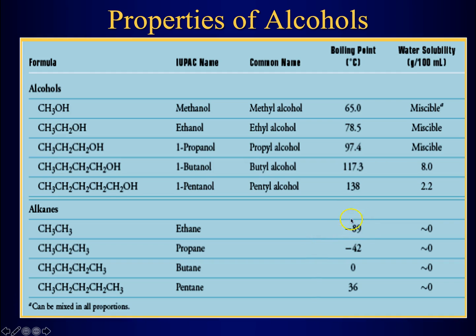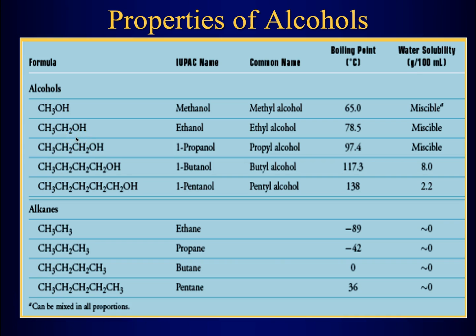So ethane is pretty much always a gas at the temperatures we have on Earth. And ethanol is mostly a liquid, but it does have a fairly low boiling point, and it's low compared to water. So it is less than water at 100 degrees Celsius, so ethanol does boil sooner than water.